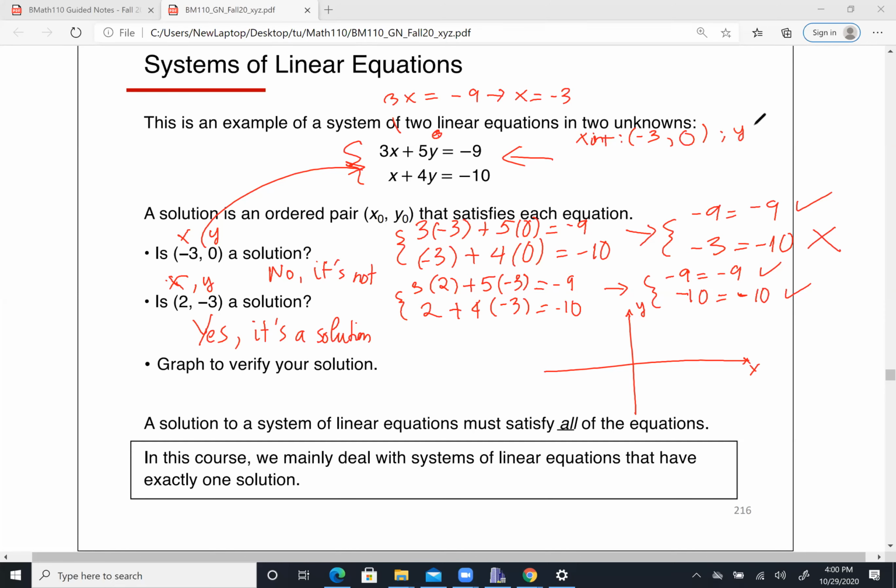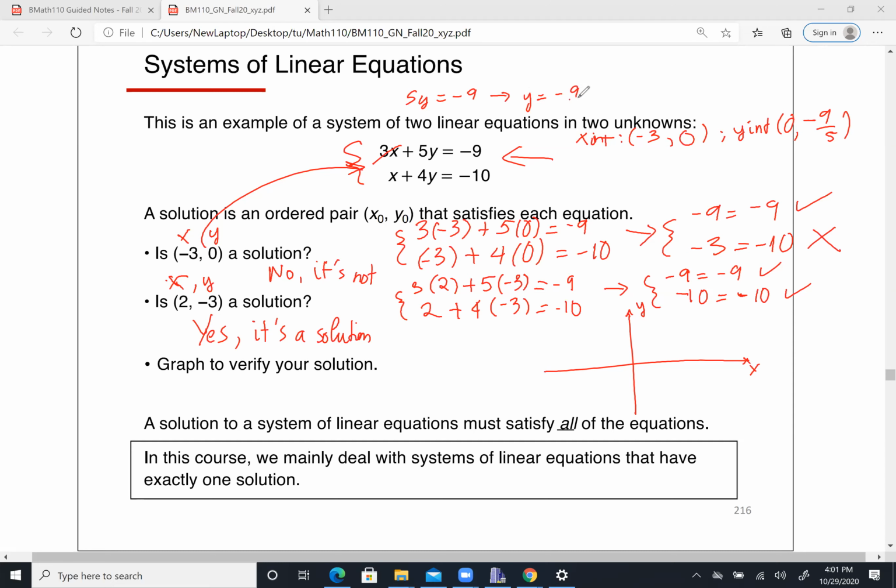What about the y-intercept for this equation? You put 0 into x. Let me delete this so we have more space. Now the first term is gone because 3 times 0 is 0. The second term is 5y equals -9, so that's going to give you y equals -9/5 if you divide both sides by 5.